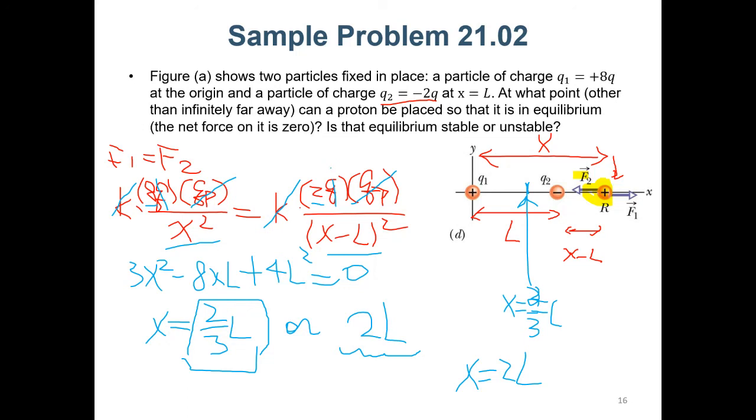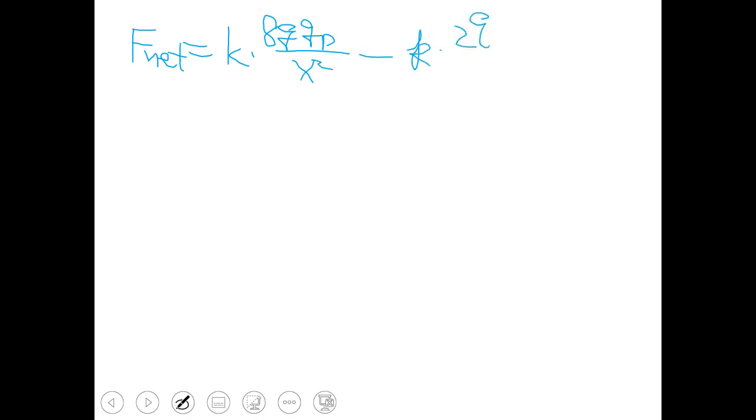Actually, the F net is nothing but K times 8Q QP over X squared minus K times 2Q QP over X minus L squared, because just now we have the first term equal to the second term.